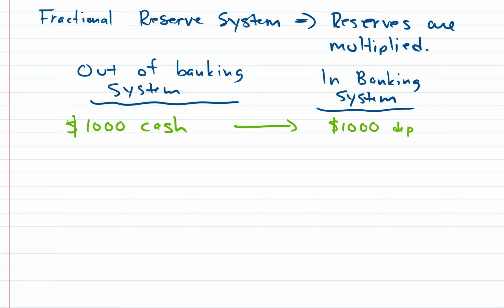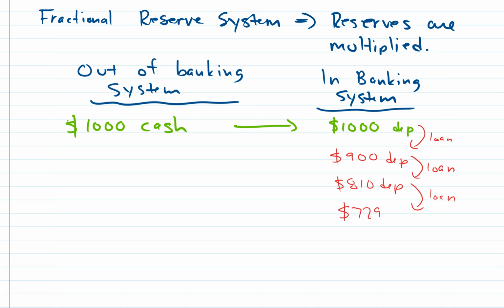And then there was a loan made, and we assume they put it all back in. So we loan it, and we end up with another 900 deposit. And there's another loan, right? They loan the maximum they can. So we got another 810 deposit. And then they keep 10% of that and loan 90%, and we would then end up with a 729 deposit, and so on.